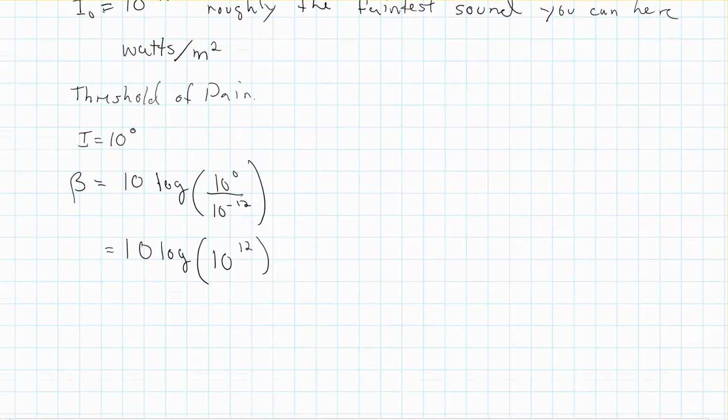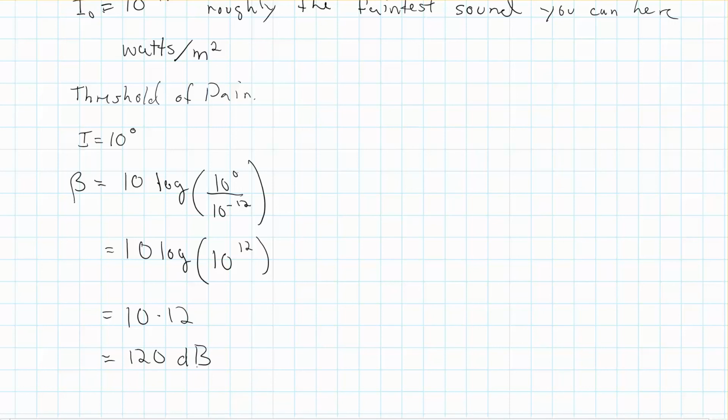And then, since this is the common log, base 10, it's saying what exponent do I put on 10 in order to get 10 to the 12th? Well, of course, you just have 12. So this would be 10 times 12, which would be 120 decibels, which is a very loud sound.